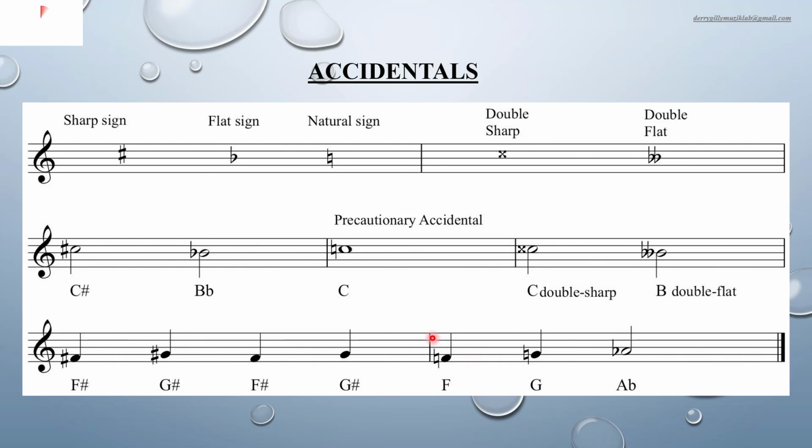So you could see that all these notes are after this, and then they have been restated, or they have been emphasized that this one now becomes a natural because they have placed the natural sign on this, and then G becomes a natural because they have placed a natural sign on it. And this one has been affected because there is a flat sign just against the pitch.